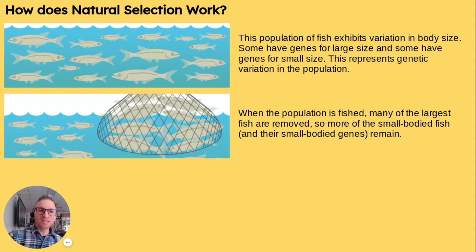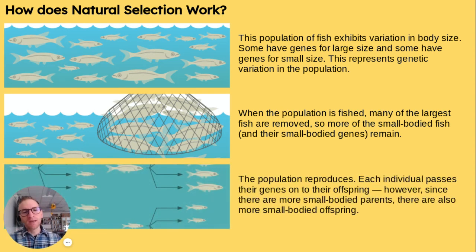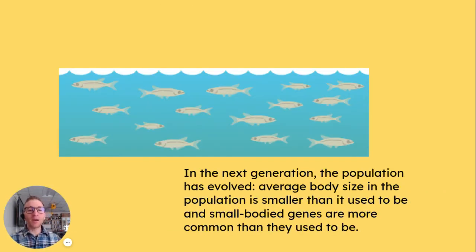And that means that those smaller fish, their genes move on to the next generation at a higher rate than the big fish, because the big fish don't get a chance to reproduce because we're busy eating them. So that means if this continues long enough, eventually we have a population of fish that's much smaller than it used to be on average.